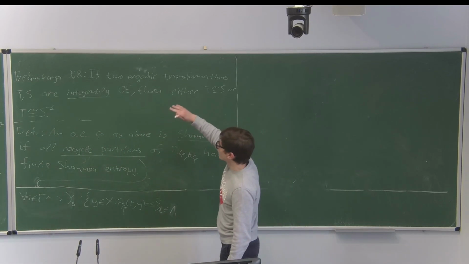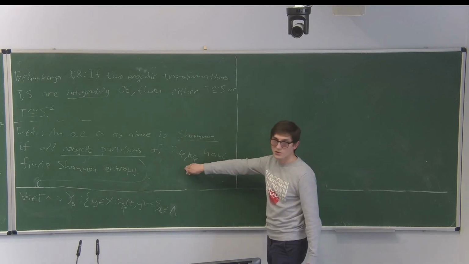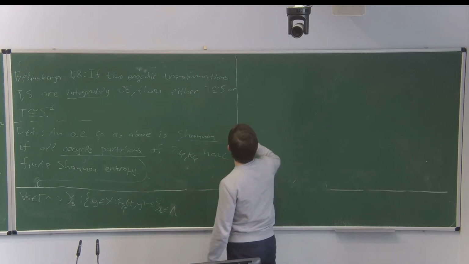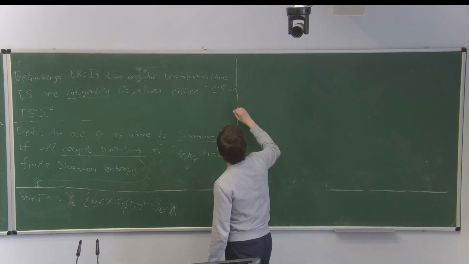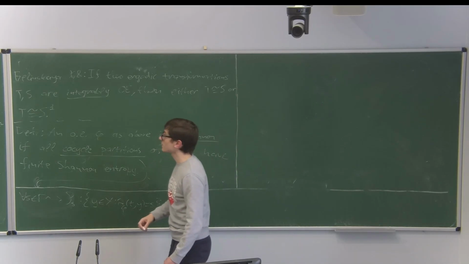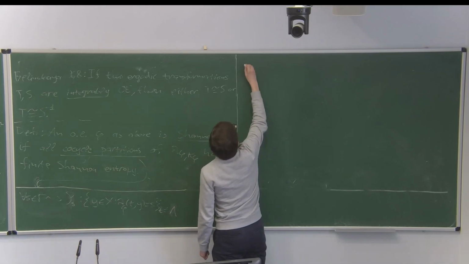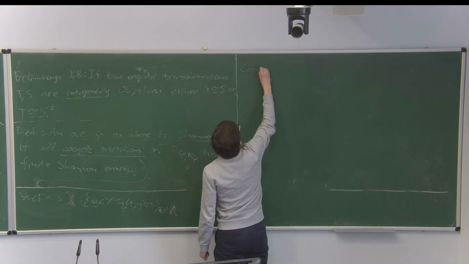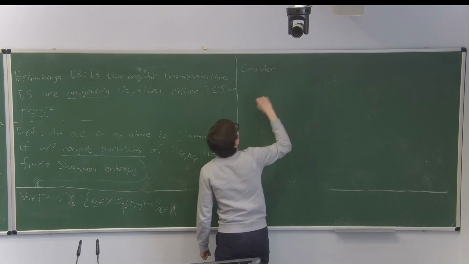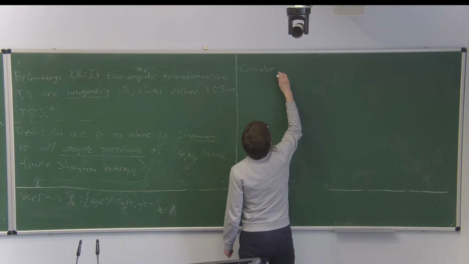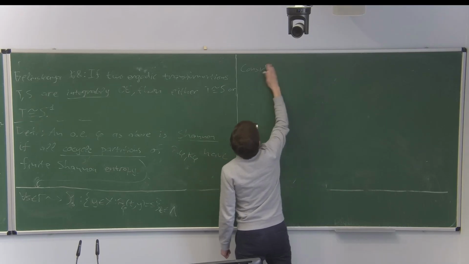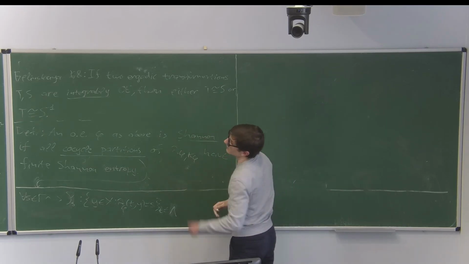okay, so one thing you can do about your cocycles is this. And something else you can do about your cocycles is consider, okay, let's say that your groups are finitely generated now.